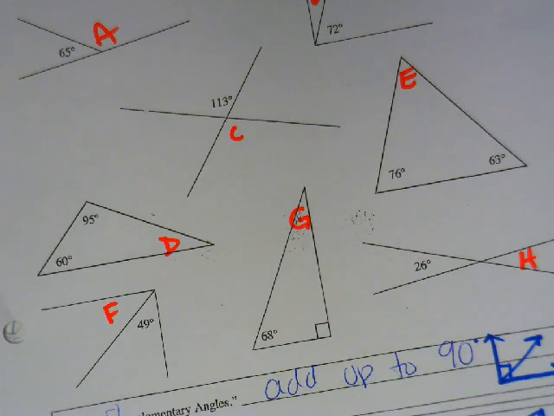These are equal to each other. This plus this plus 90 equals 90. You get 90 and then you get 152. So let me see.